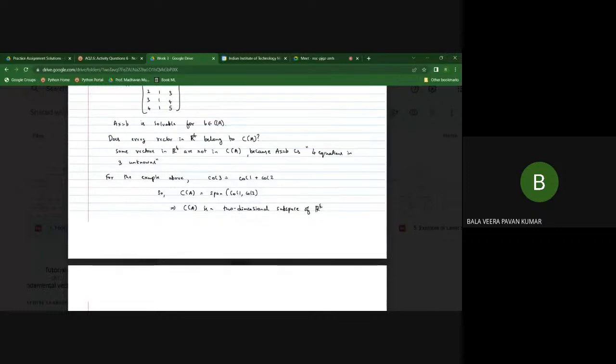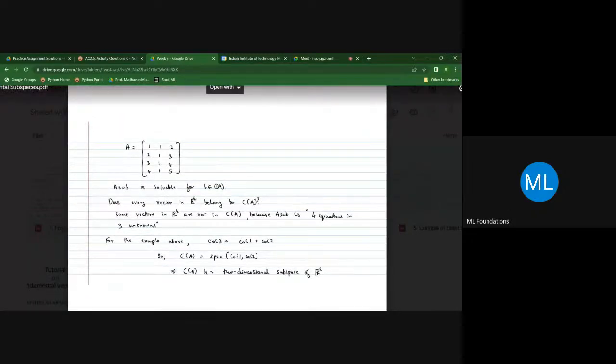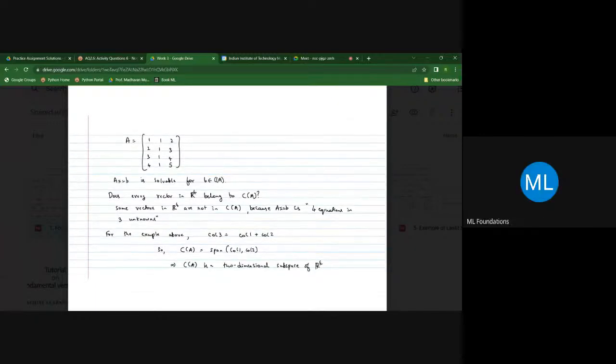Okay. So if you look at these vectors here, each of the columns belongs to R4, a four-dimensional vector. But the span of the columns, which is nothing but the column space of A, does not contain each and every R4 vector.